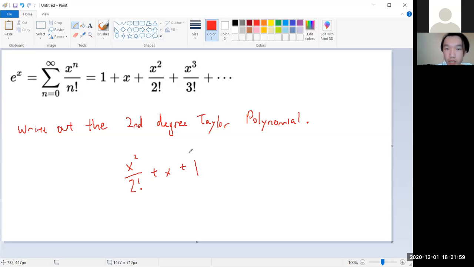So that will be the second degree Taylor polynomial, okay? The notation we give to this is T sub 2 of x. So if I asked you to write down T sub 3 of x, you guys think you could do it now?